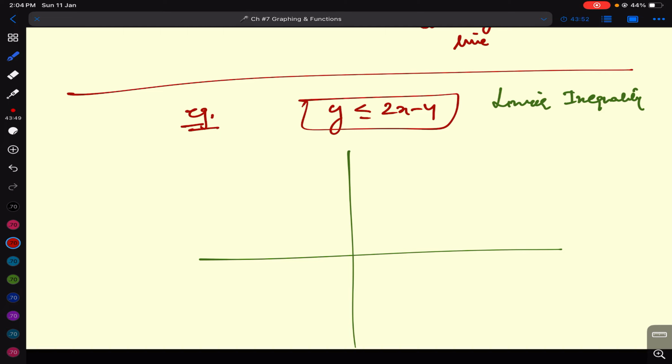I'm not going into the details of how I figured out this graph, because it's obvious. You can easily figure it out from the x and the y-intercept. So this becomes my x and y-intercept, a, b.